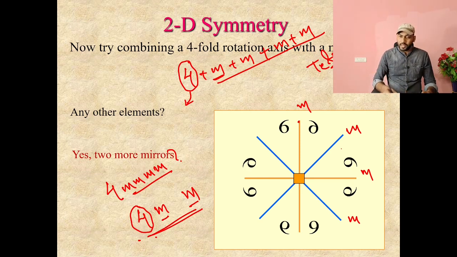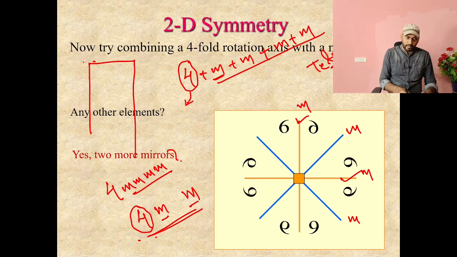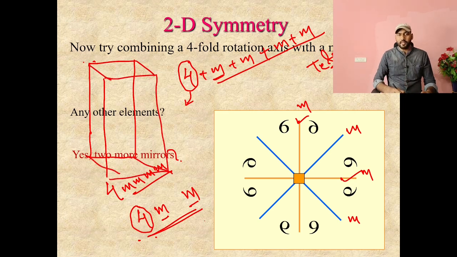Because this mirror plane, this orange one and this orange one, these two are axial mirror planes. In a tetragonal system, suppose this is a sketch of a tetragonal system, where we know the axial relationship: A1 is equal to A2 not equal to C. That means A1 and A2 are the horizontal axes, one front to back, one right to left.